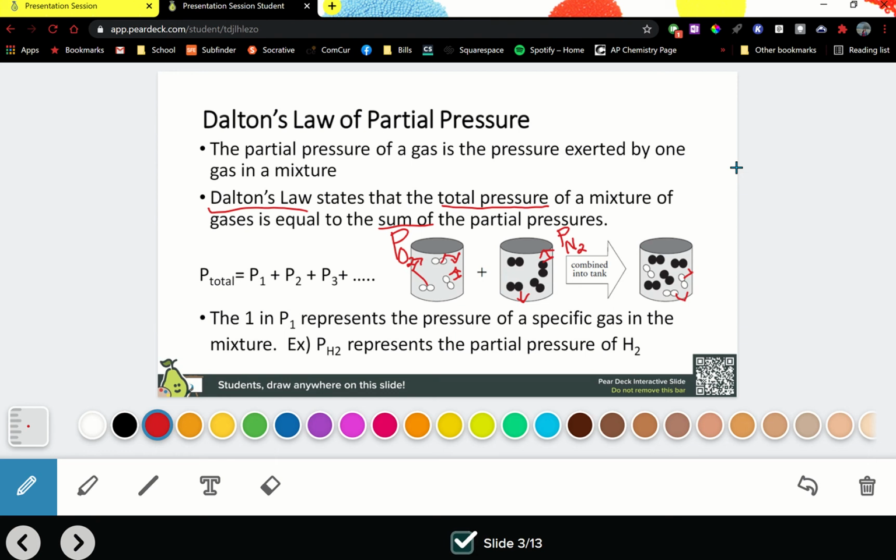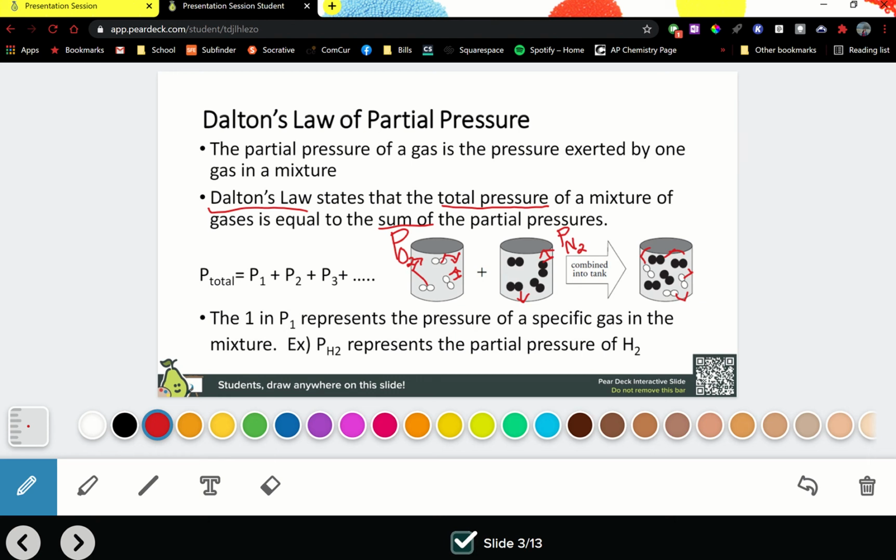So they're going to contribute the same amount of pressure in that new container. Same thing goes for the nitrogen over here. I've got the same number of nitrogens in the same size container. We're assuming the temperature and all that stays constant. So they're going to bump into the sides of the container just as often as they did over here, so their pressure is going to stay the same.